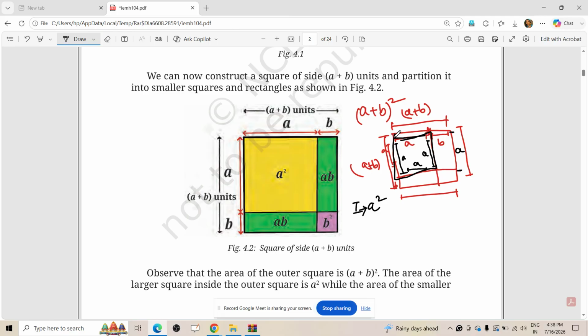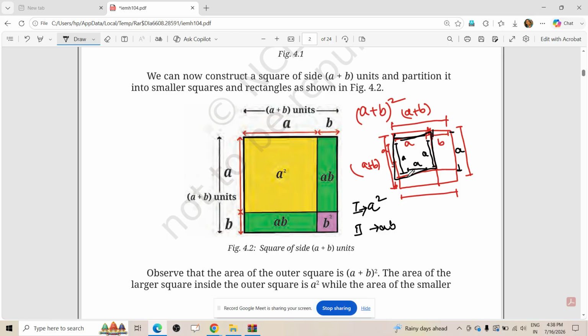The smaller one is b unit and the larger one is a unit. So this is the larger part, that's why this is a unit. So what will be the area of this rectangle? Yes, a into b. We will name it 2, and the area of 2 is a into b.